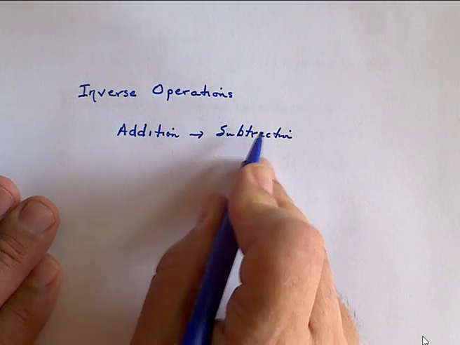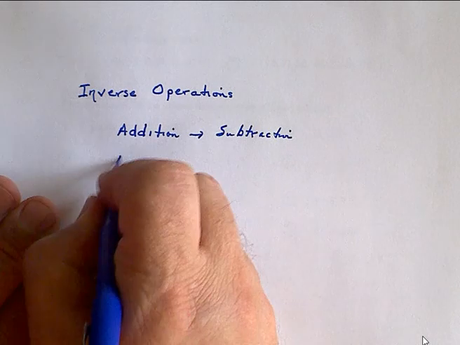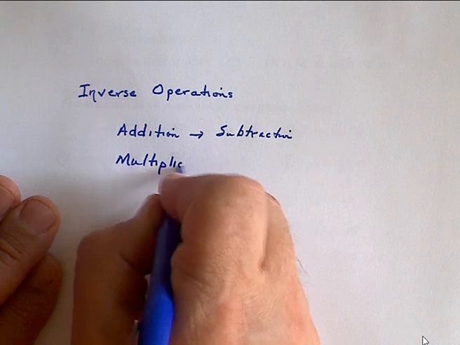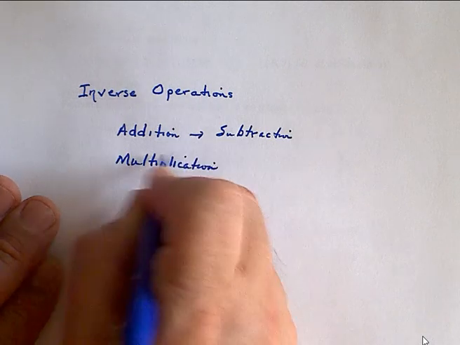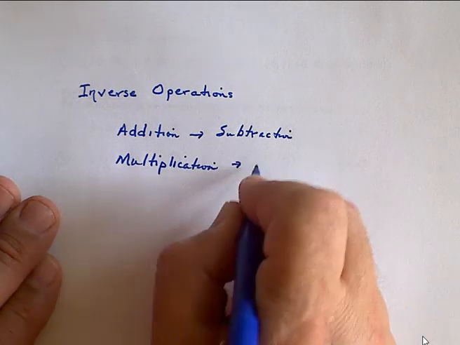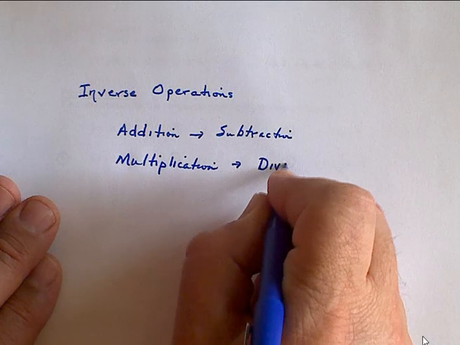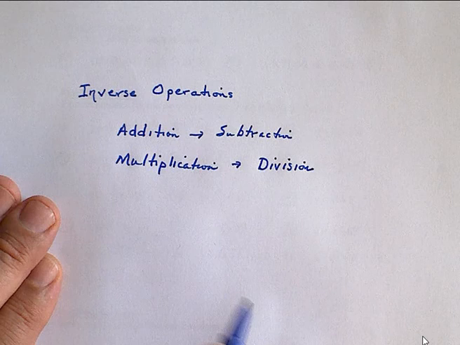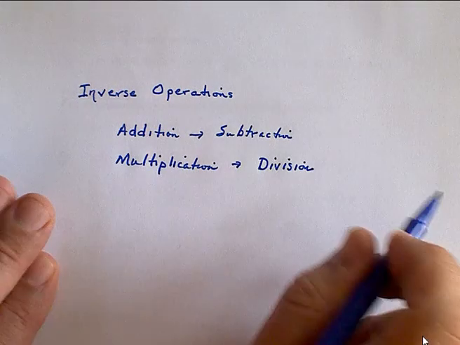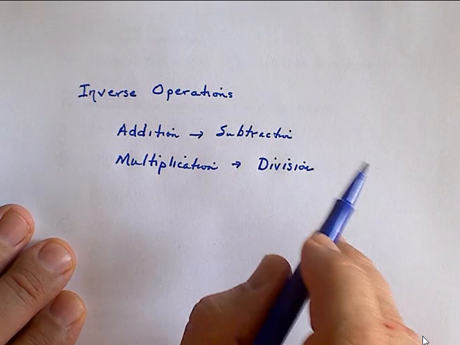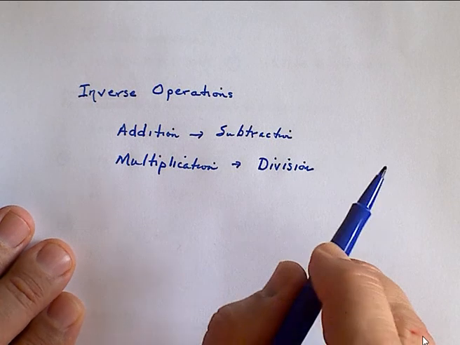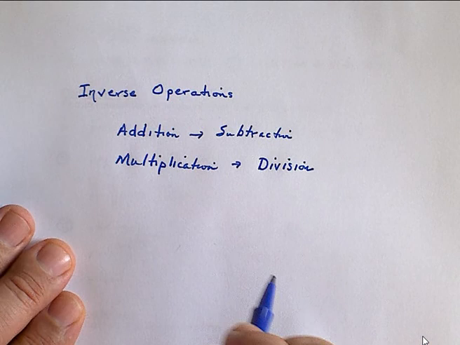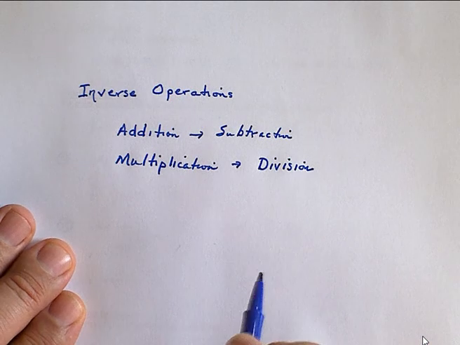Same thing is true if we have an equation involving multiplication, then we would use division to undo it, and vice versa. So inverse operations allow us to simplify to a simpler expression or equation.